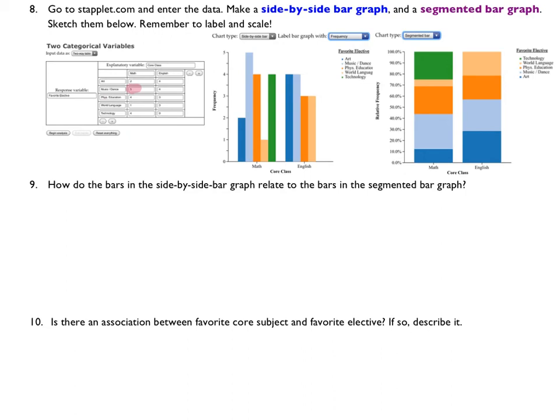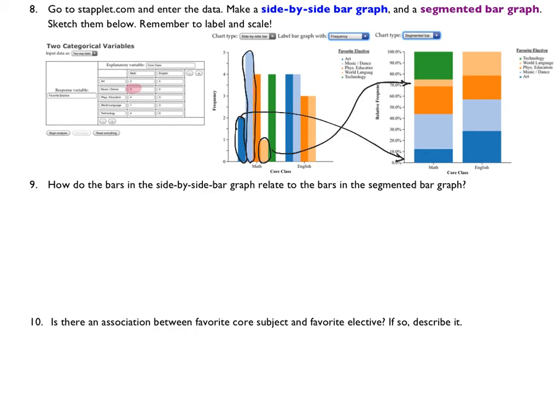So you can see that on the side-by-side bar graph, the smallest number belongs to world languages, the smallest number of people, that's one person. That then is represented here. The dark blue, which is 2 people, is represented here. That's 10% of the total number of people that were surveyed.